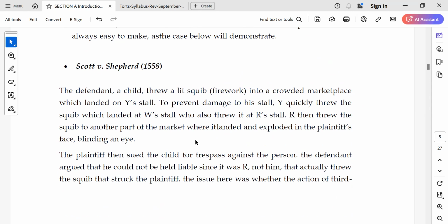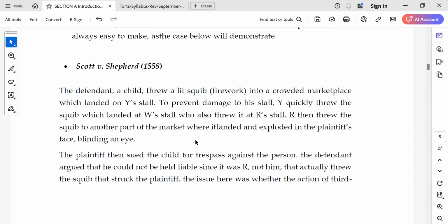The defendant, a child, threw a lit squib, that is a firework, into the crowded marketplace and it landed on Y's stall. To prevent damage to his stall, Y quickly threw the squib, which landed at W's stall, who also threw it at R's stall, basically passing the ball over, but of a firework.